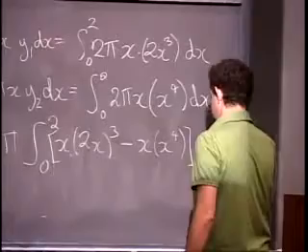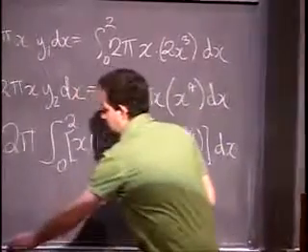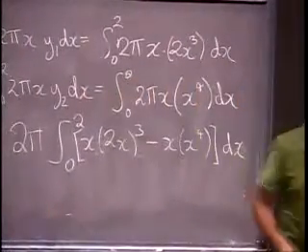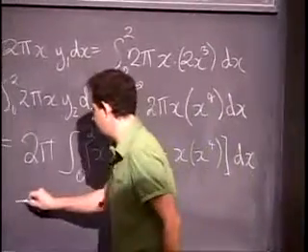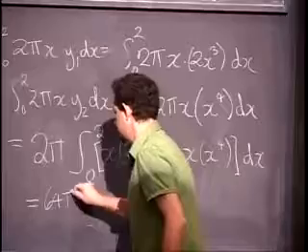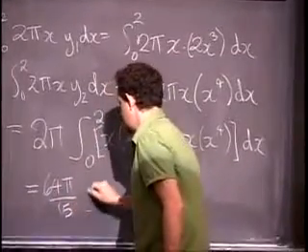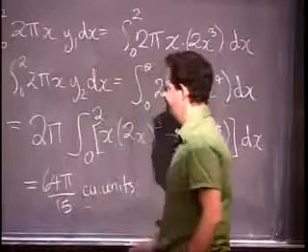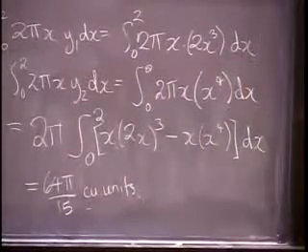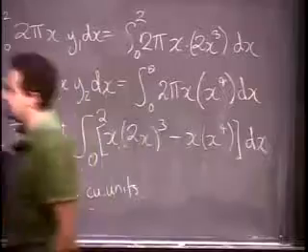Do the integral, and what do you get? Again, I leave it to you. Very straightforward in this case. You should get 64 pi over 15 units cubed. Okay, so that's one way to do that problem.